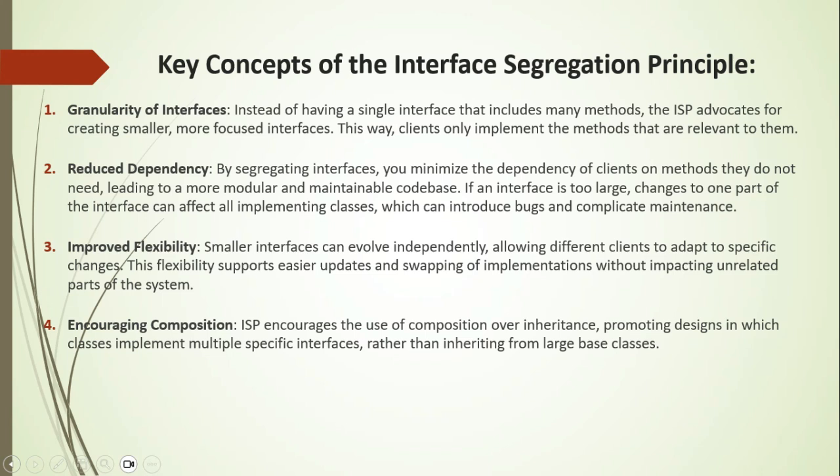If an interface is too large, changes to one part of the interface can affect all implementing classes. So if we have a large interface with too many defined functions and we bring some changes, the derived classes can be affected, which can introduce bugs and complicate the maintenance process.